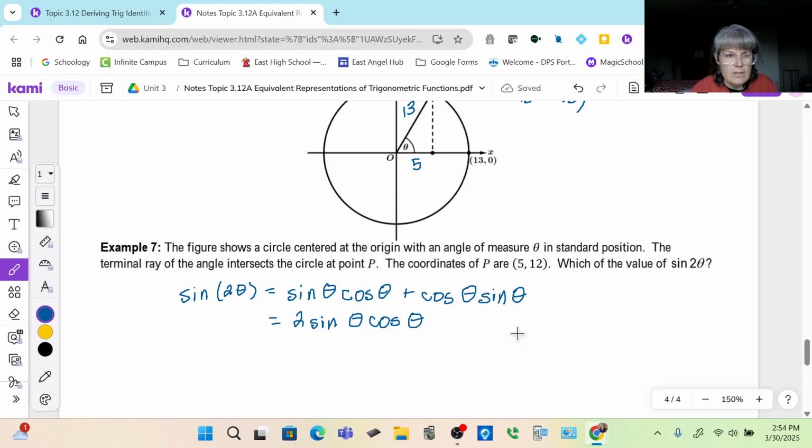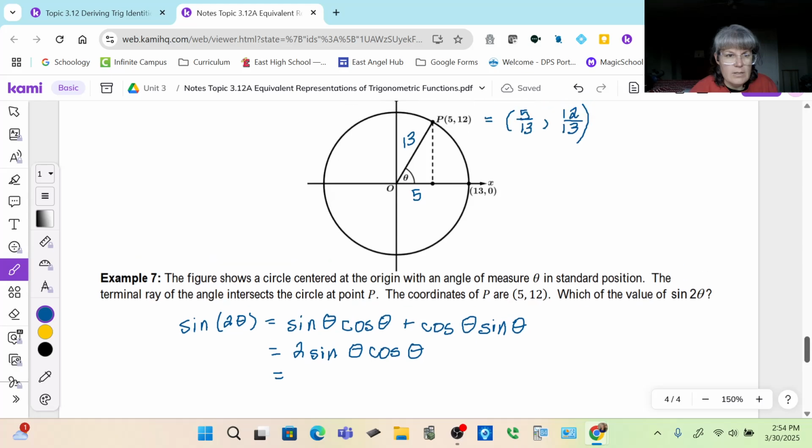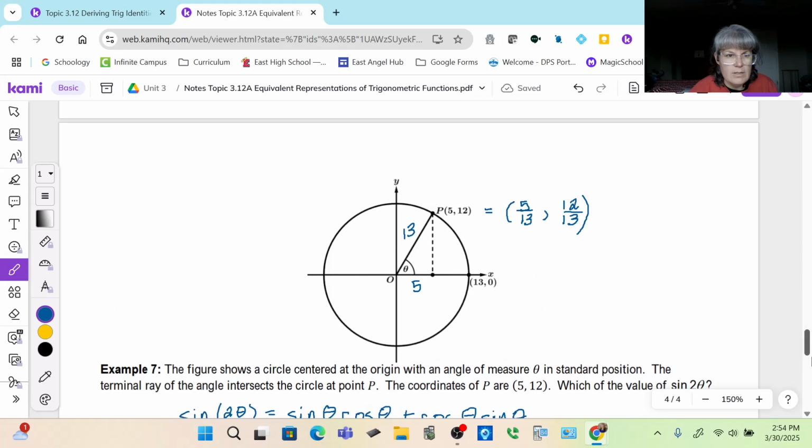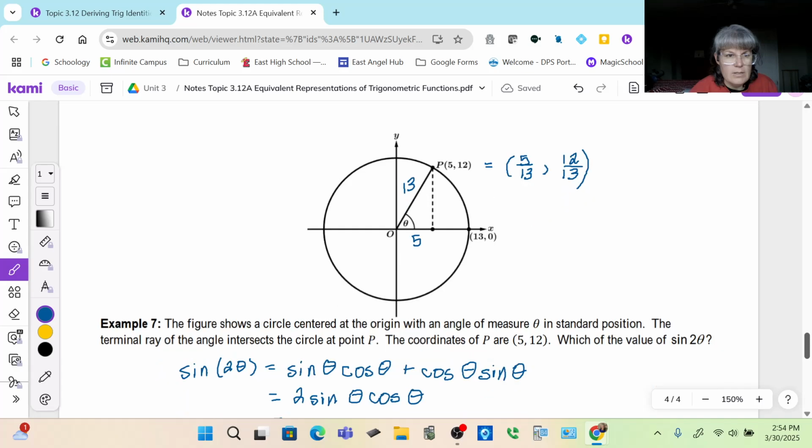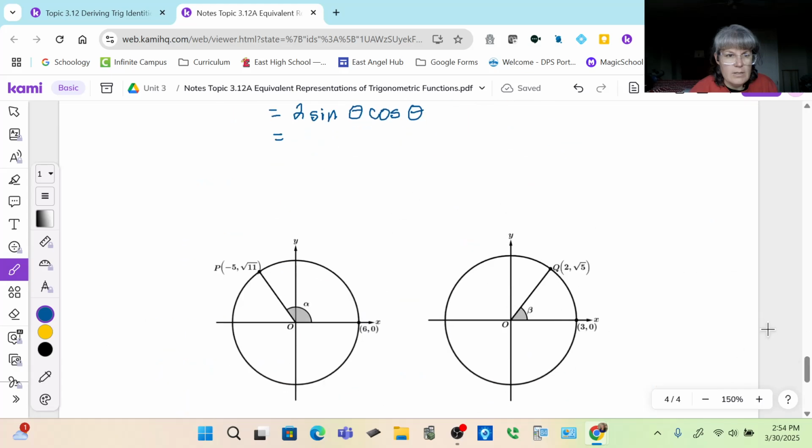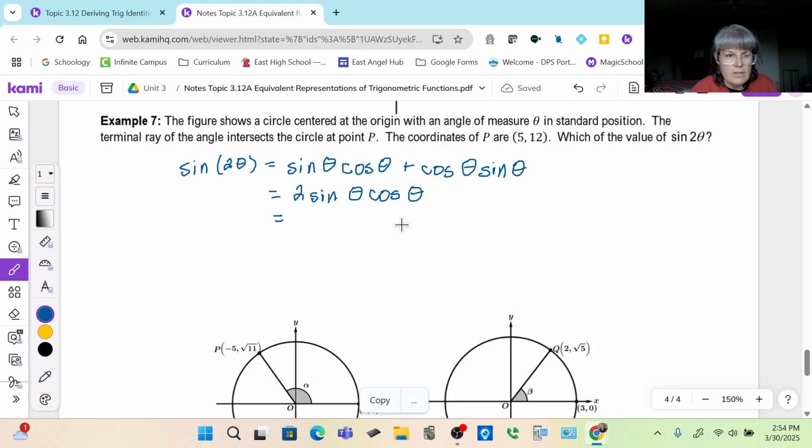We just derived it. So knowing that, I know that the sine of theta is 12 over 13. So I'm going to have 2 times 12 over 13 times cosine, which we said was 5 over 13.